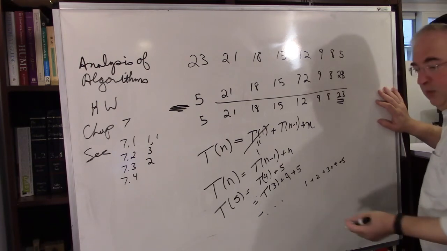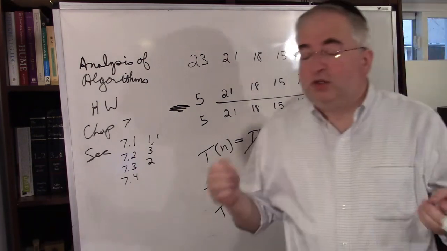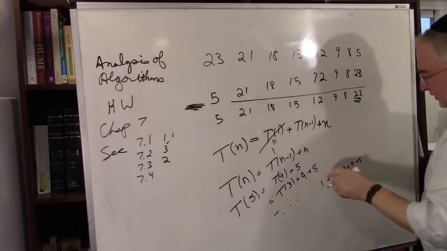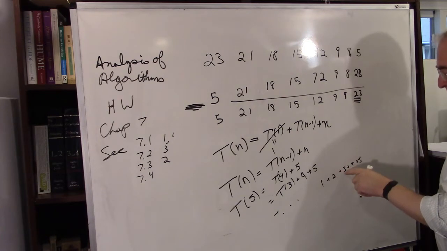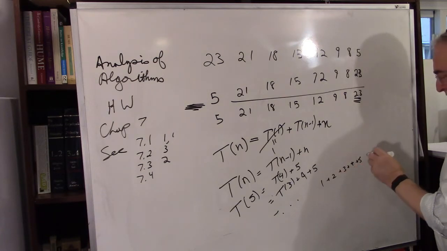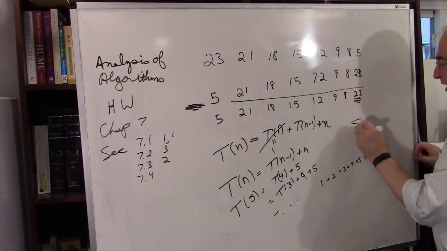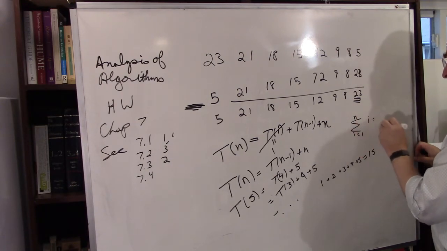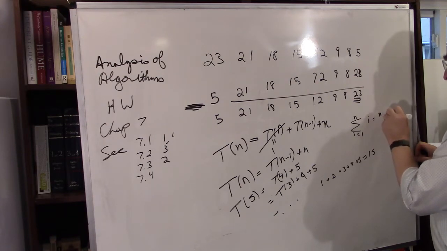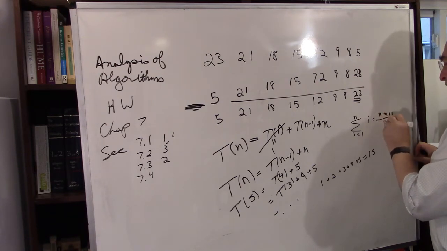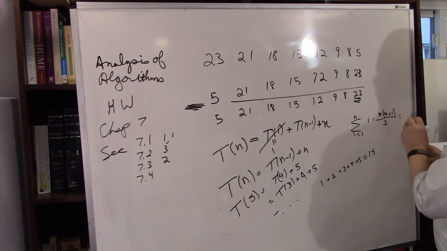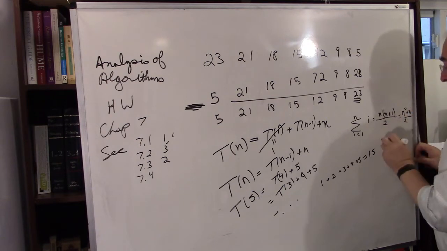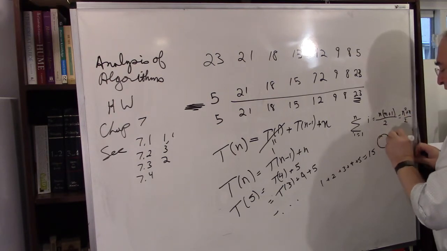And we saw this with the Gauss trick. 1 plus 2 plus 3 is 6, plus 4 is 10, plus 5 is 15. This is the trick: the sum of i equals 1 to n of i is equal to n times n plus 1 over 2, and that's equal to n squared plus n over 2, which is theta of n squared.